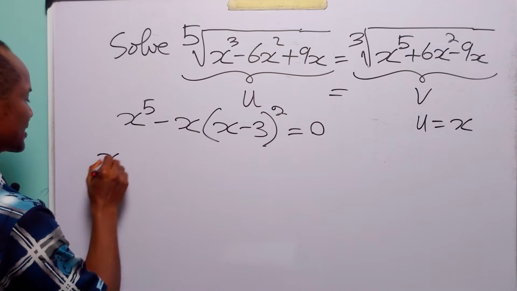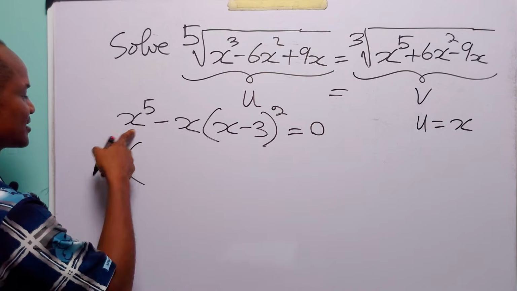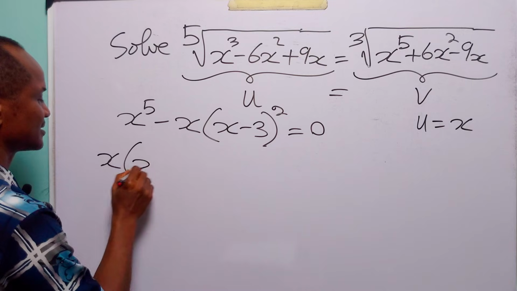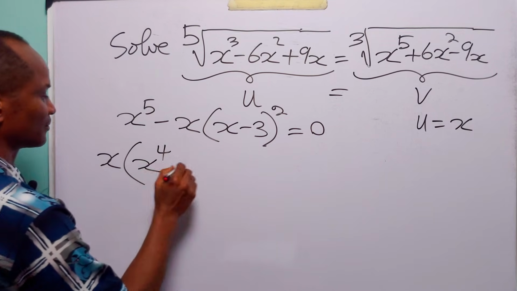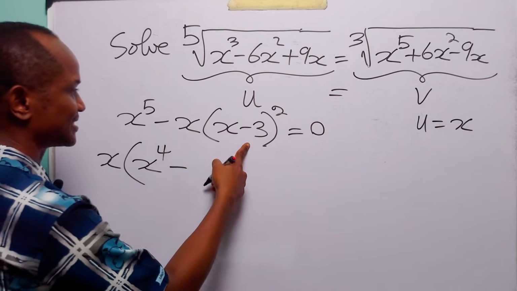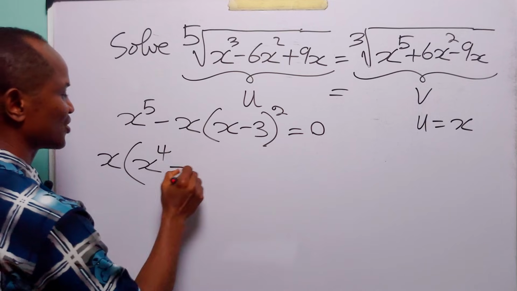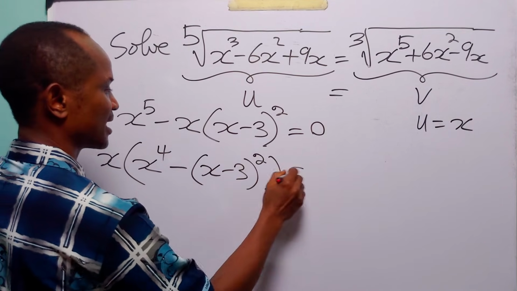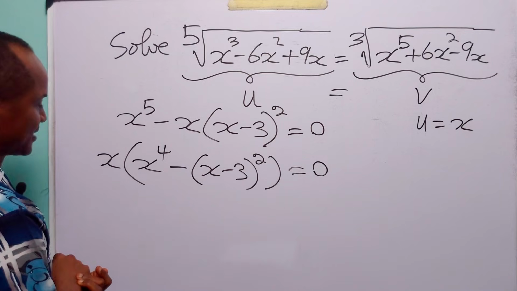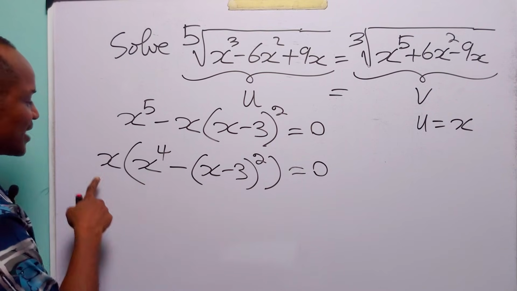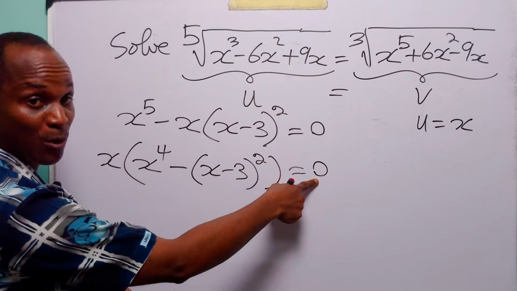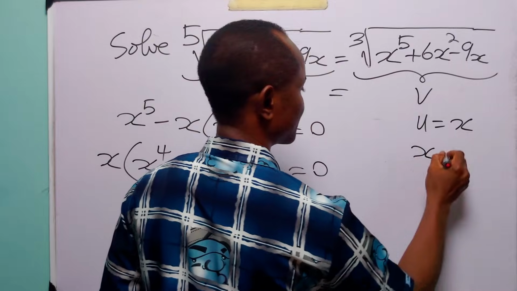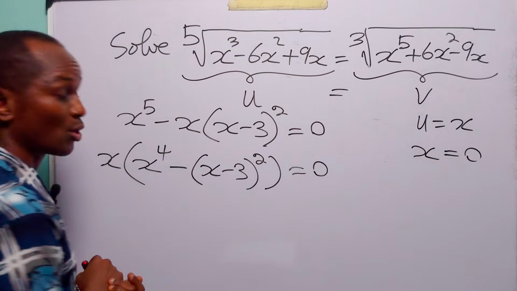So this is x into x to power 5 divided by x is x to power 4. And x times this divided by x is going to give us x minus 3 squared. And this is equal to 0. Now, of course, from here, you can see that either x is equal to 0. So we have that x is equal to 0.